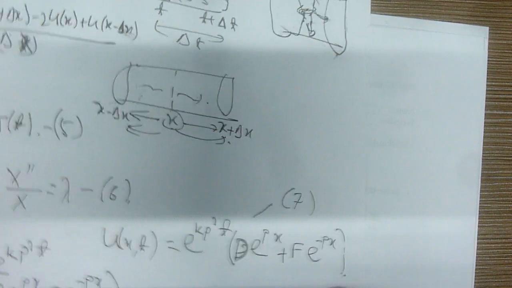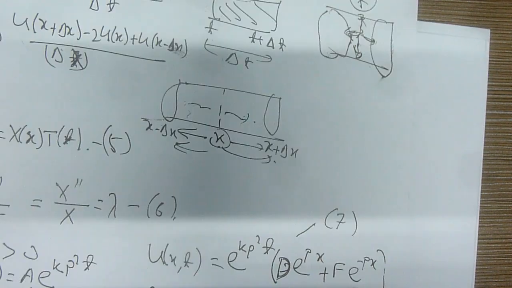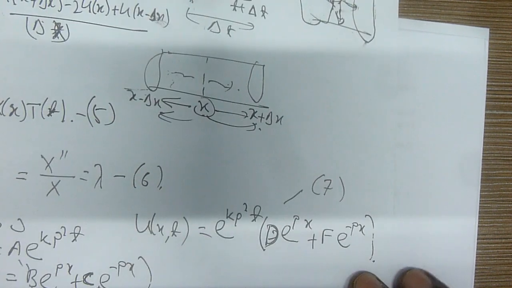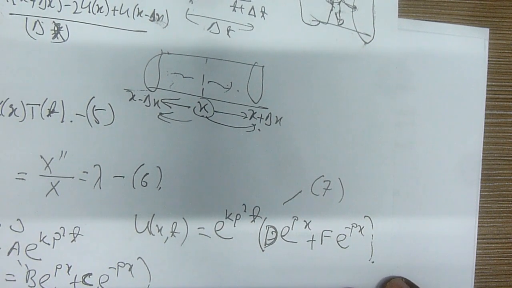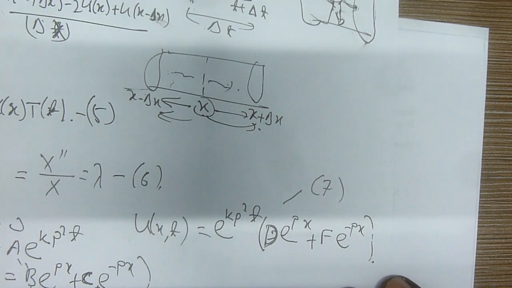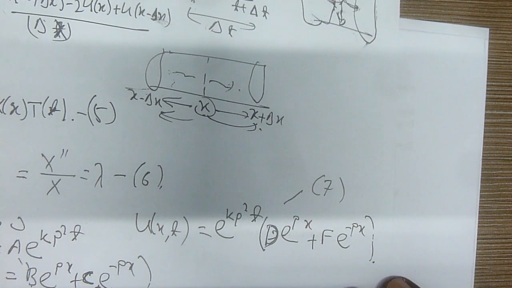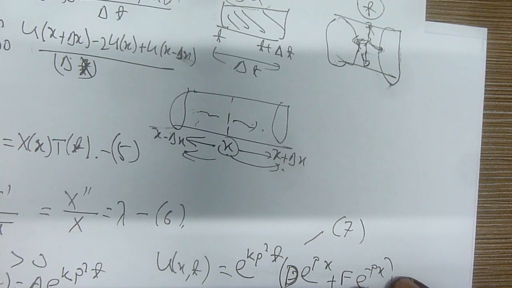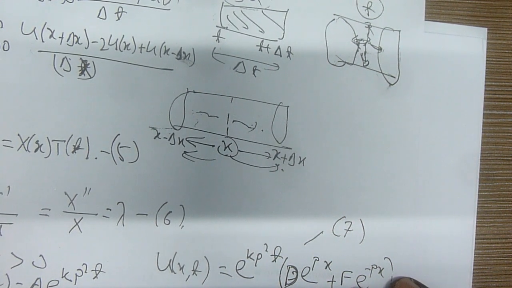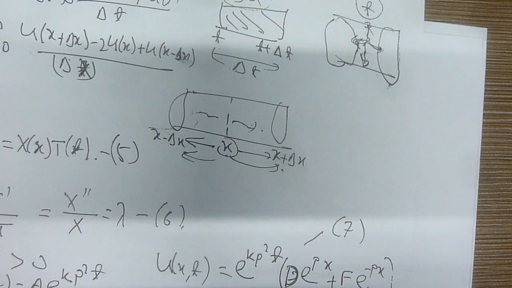I want you to apply the boundary condition. Always you must use the boundary condition for the first evaluation, then the second evaluation, and only then go to the initial condition. You cannot go to the initial condition and after that test the boundary condition. First you solve the boundary condition, and only after that can you go for the initial condition.